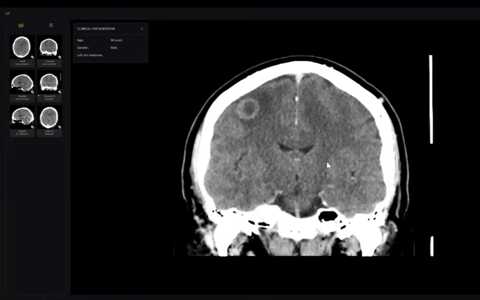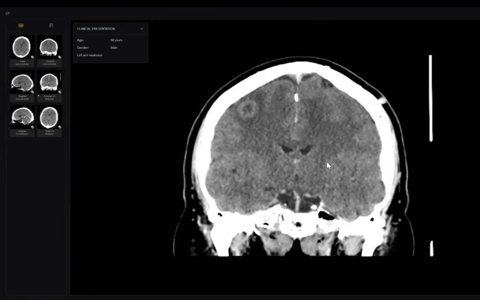Okay, so these are multiple ring-enhancing lesions with thick irregular walls and surrounding significant brain parenchymal edema. No midline shift seen. I will rule out any basilar invagination, any herniation, tonsillar or uncal herniation, to rule out its mass effect.